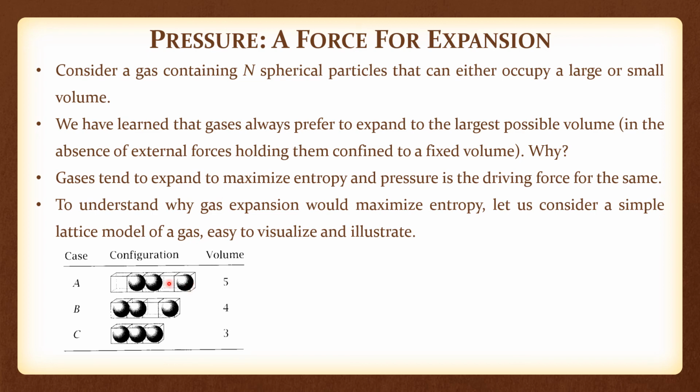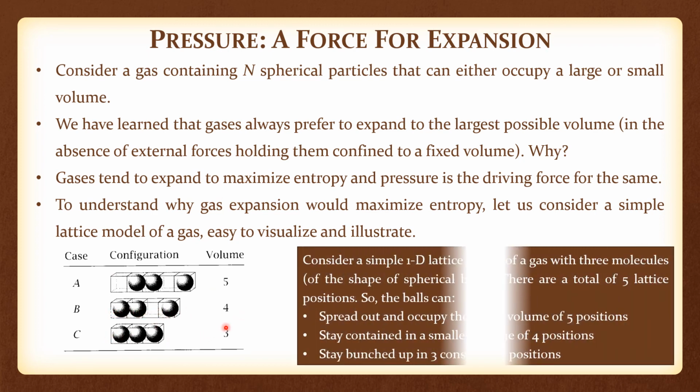So if we look at the number of these slots as a measure of volume, it's a one-dimensional system, right? So you measure volume in units of a single length, and since it is a lattice, you just have discrete values only possible, 1, 2, 3, 4, 5, right? So here the volume is 5 in case A, in case B the volume is 4, in case C the volume is 3.